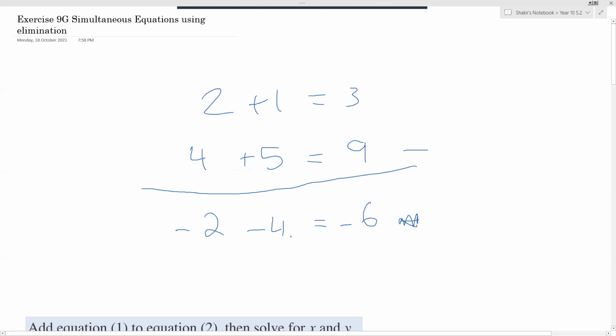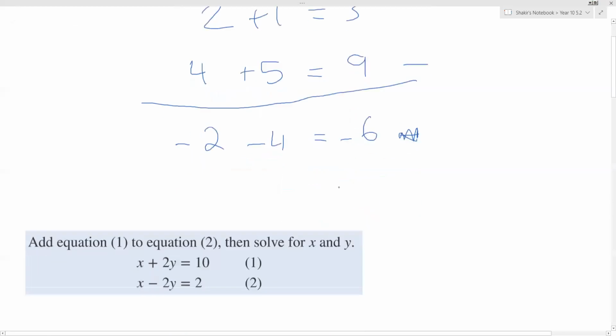And negative 2 minus 4 does give me negative 6. So you can subtract two statements, and you can add statements, which are true. You can add and subtract statements as long as the original statements, the ones that you're adding and subtracting, are true.